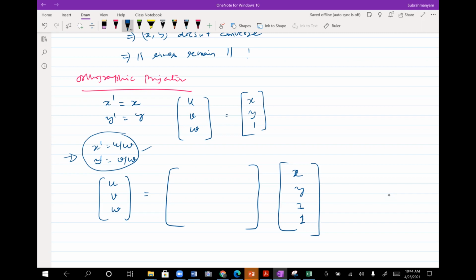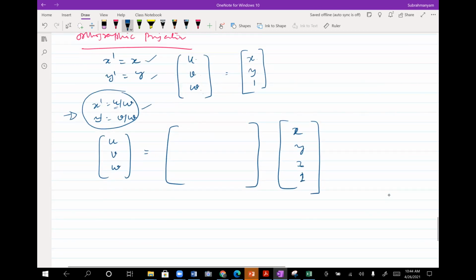Now you look at it. In order to get X dash, I need to divide the first element by the third element. So X by 1, I would get X here. To get Y dash, the second element needs to be divided by the third element, Y by 1. That would give me this one, right? So that is what I should get now: UVW equal to XY1. Now I would like to write it as a multiplication of XYZ1 with some matrix, which I will call M subscript ortho.